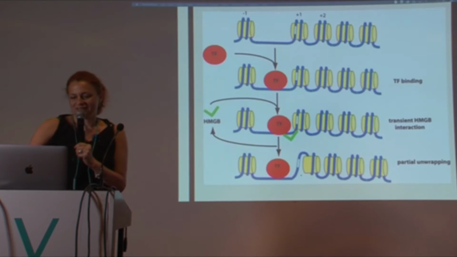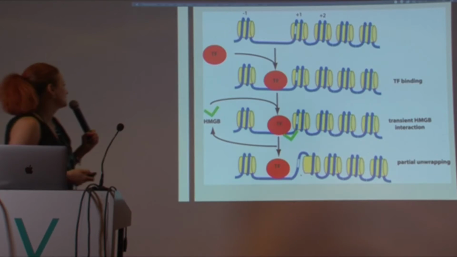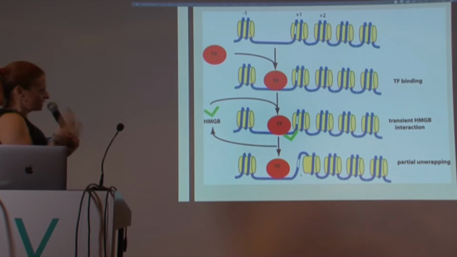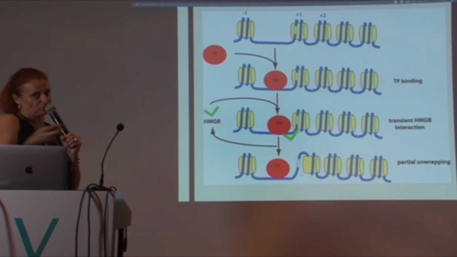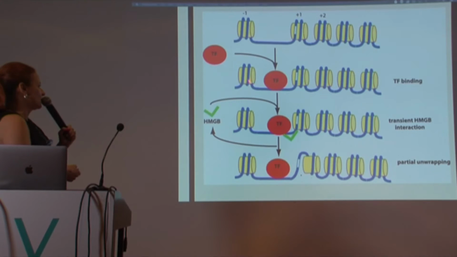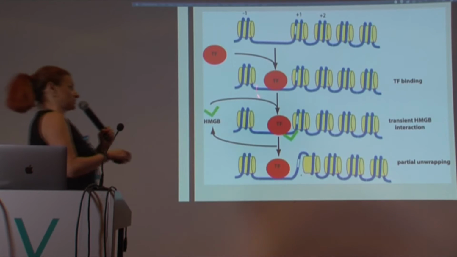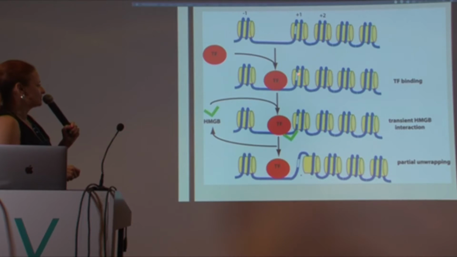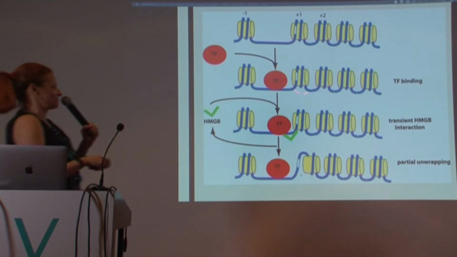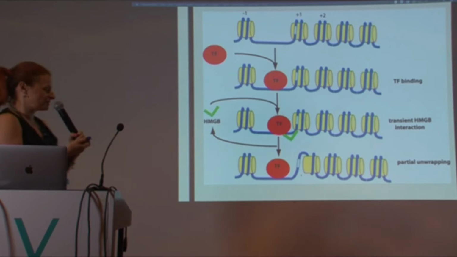In terms of chromatin, as I told you, HMGB1 acts as an architectural factor. So in terms of chromatin, what we imagine happens, for instance, for initiation of transcription, let's imagine that the transcription factor is there, but as the initiation sequence is wrapped around the nucleosome, something is needed to happen in order to start transcription.